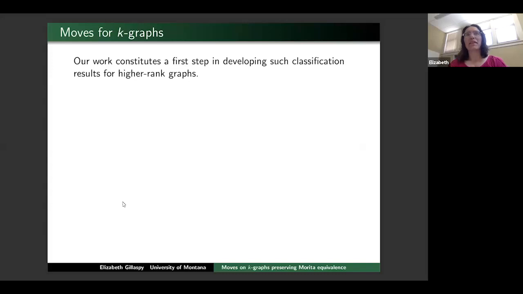One might notice that it took, depending when you start counting, more than 10 years, maybe even more than 20 years to get from the initial work on the moves on graph algebras to a classification theorem. And so we are still in year 1 or 2 of classification results for K-graph algebras.